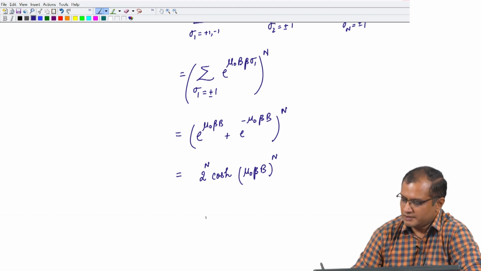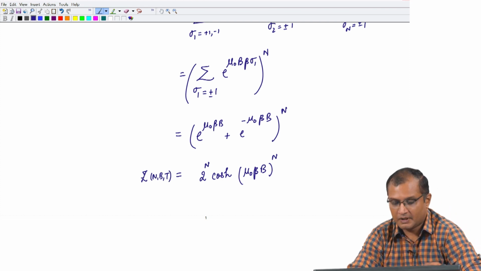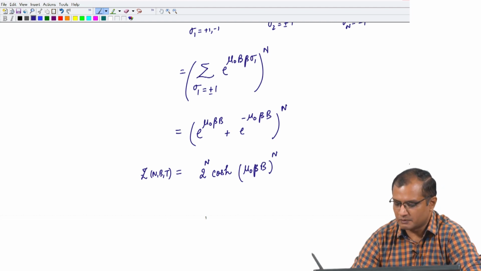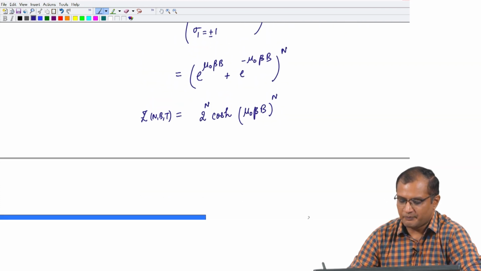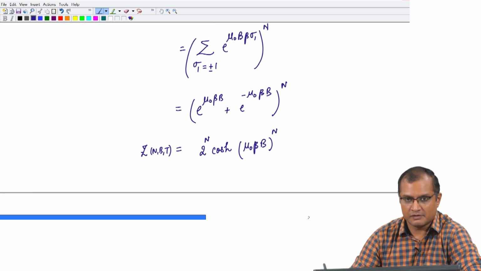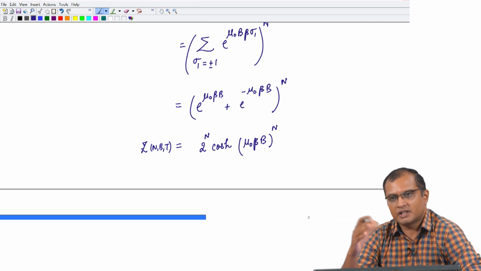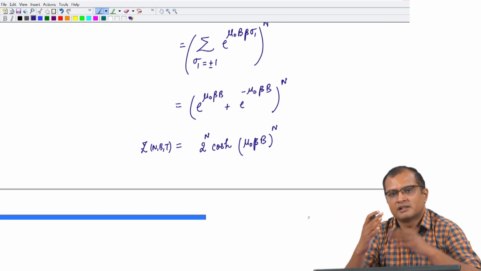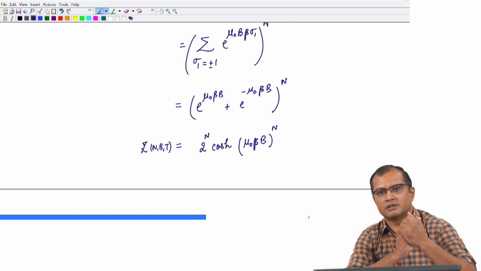So, this is the partition function for the system that we are chasing, and this opens up the route to thermodynamics in the sense that I can now compute the average magnetization of my system, because your system has a fluctuating magnetization. The spins are constantly moving between different microstates, the spins are differently aligned. So, each microstate has a different magnetic moment.